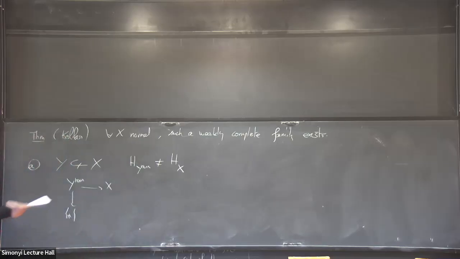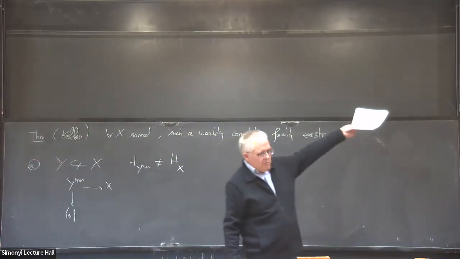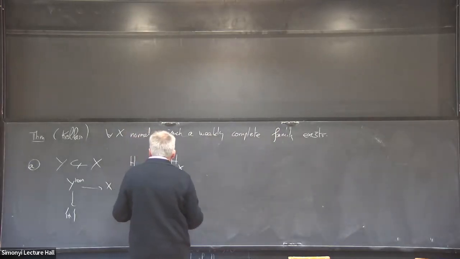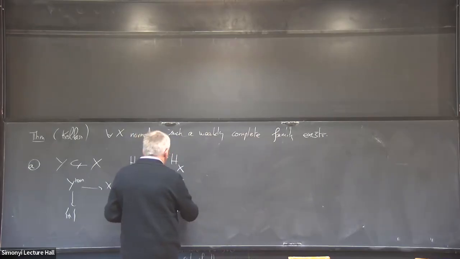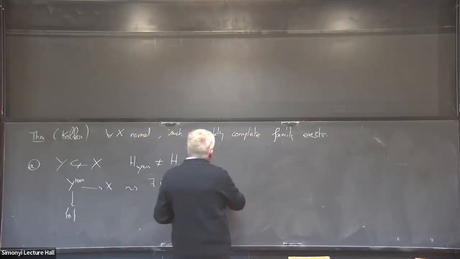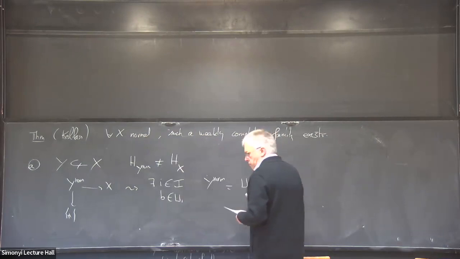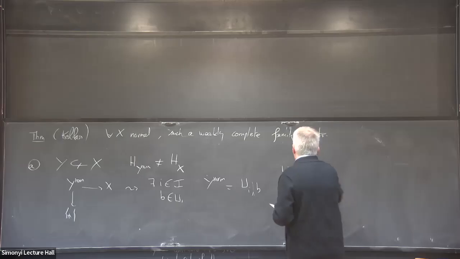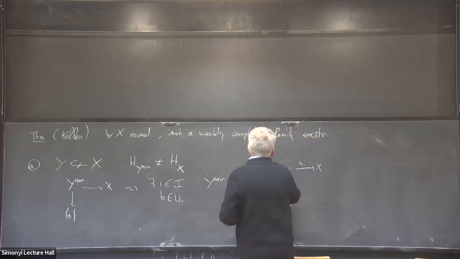So by the fact that there exists a weakly complete family here, it means that there exists an index I in my collection of indices, and there exists a point B in U_I, such that actually this normalization is just a fiber of the family U_I at the point B. In other words, I have U_I to X, to B, and I have Y normalization over here.